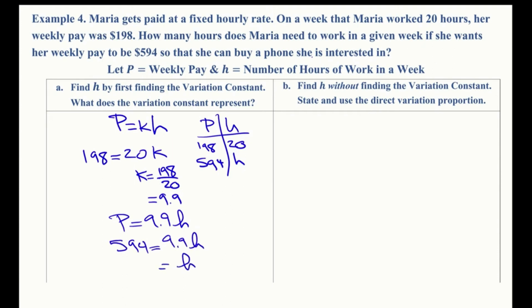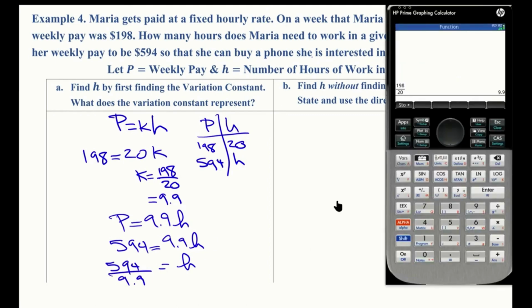So h equals 594 over 9.9. Let's bring back our calculator. So 594 divided by 9.9. 60.